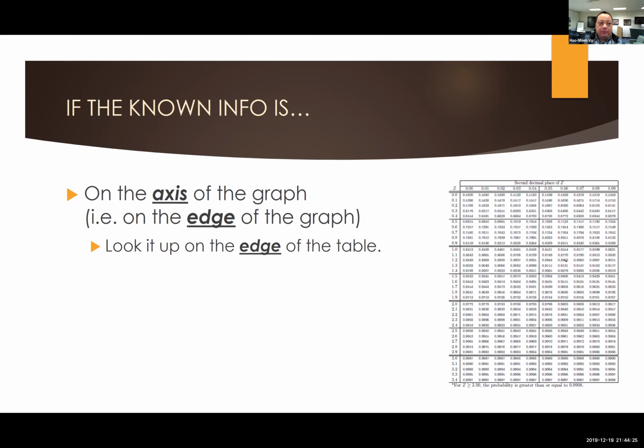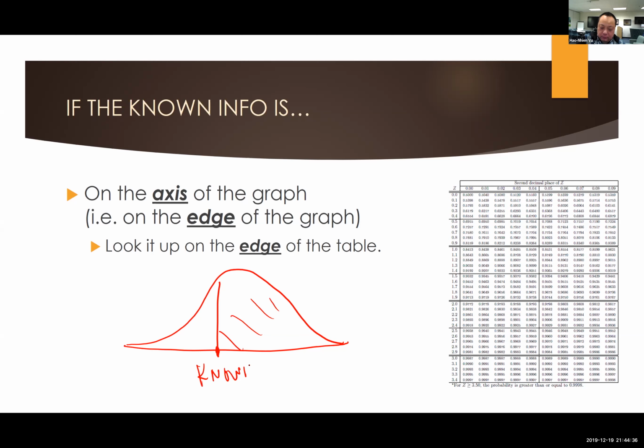Whereas if the known info is on the axis, then, so think of the axis like the edge of the graph, right? Then we also look it up on the edge of the table. So look it up here for the known info.